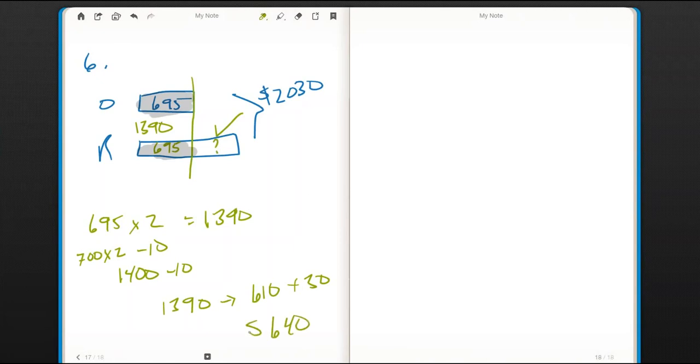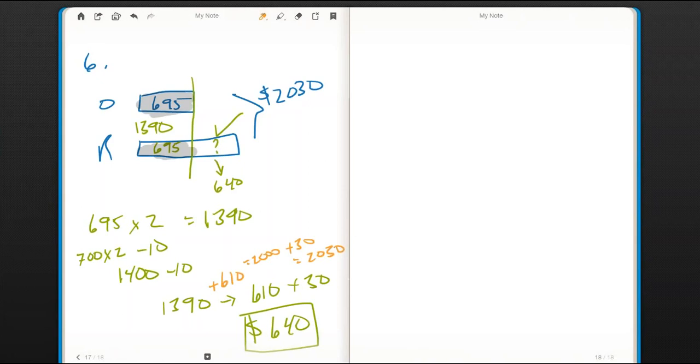So a total of $640 is how far I have left in this one. That's the difference between the two numbers. Again, 1,390. If I add 610, then I'm up to 2,000. And I need to add 30 more to get up to 2,030.